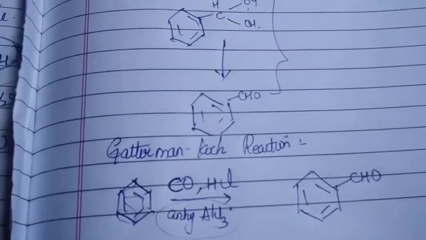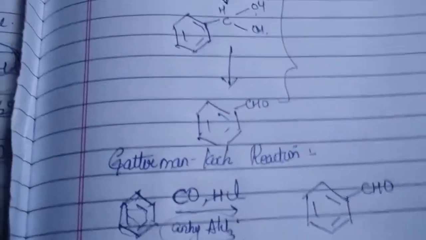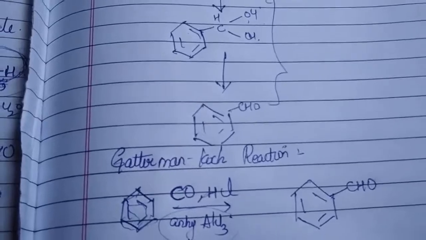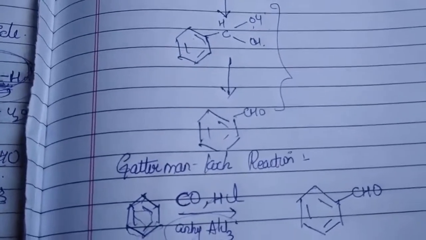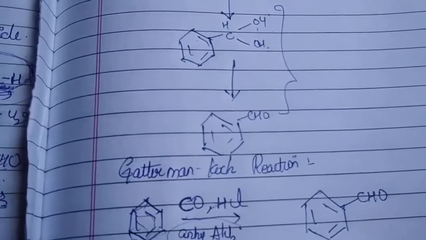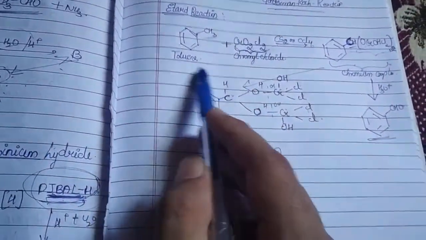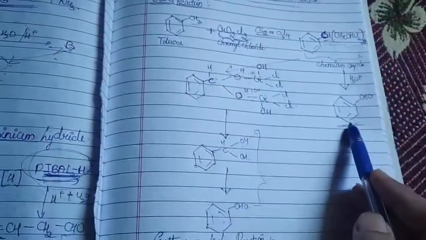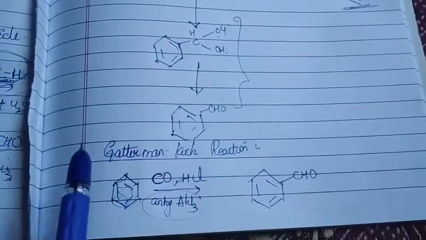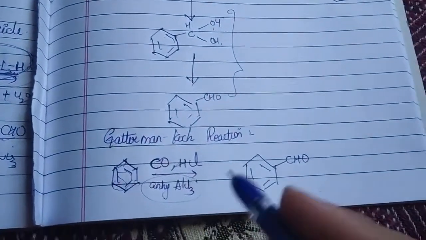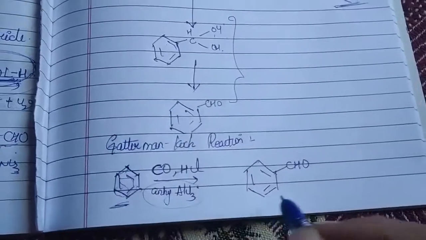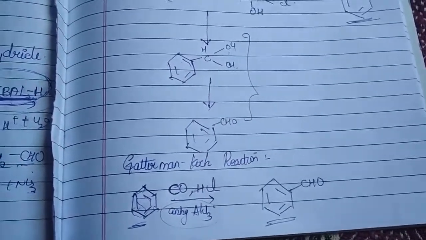Getting the difference? Of course, in all the cases the products are the same, but the reactants are different. That makes a lot of difference when you are studying these organic reactions. With the Etard reaction, it was the conversion of toluene to benzaldehyde. But with the Gatterman-Koch reaction, it's a conversion of benzene to benzaldehyde. And how are you getting it?